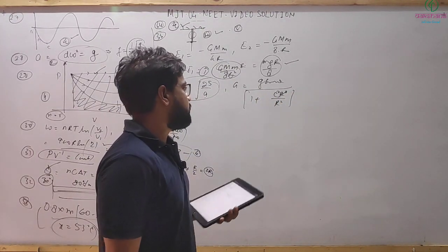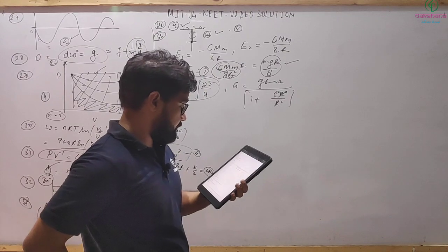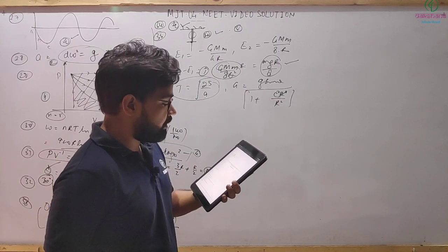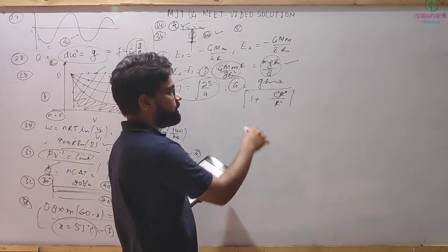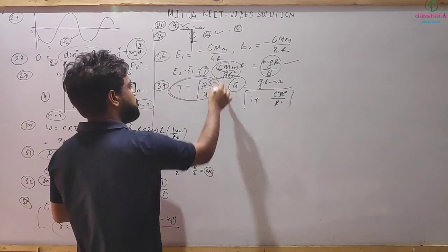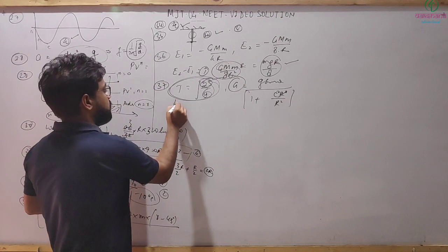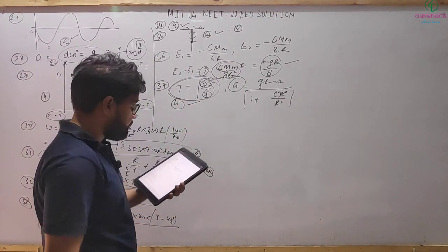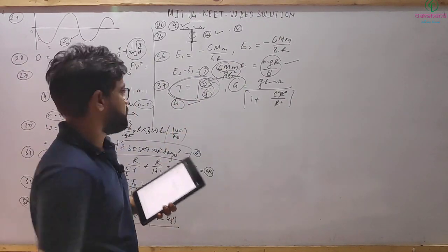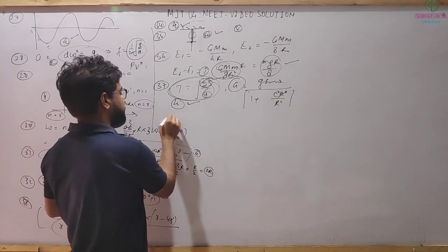It's not depending on mass, density or radius. Because a is independent of everything, time is also independent. So the answer is option 4: it will not depend on mass, radius or density.